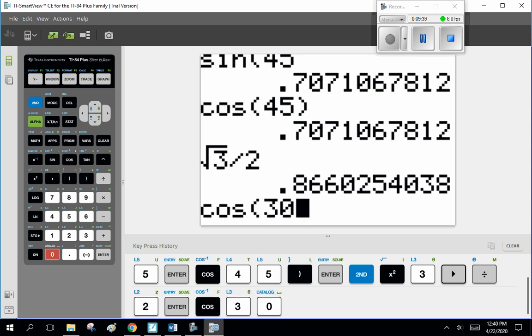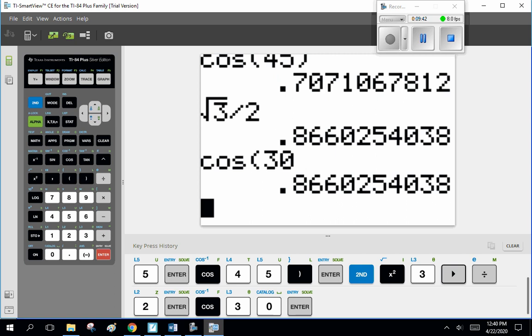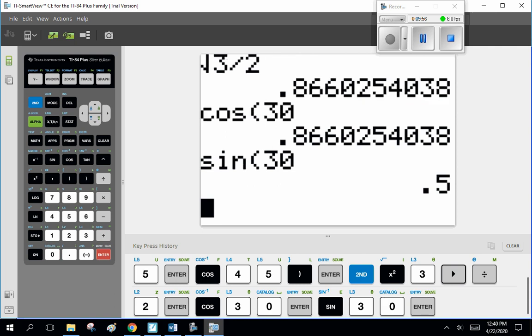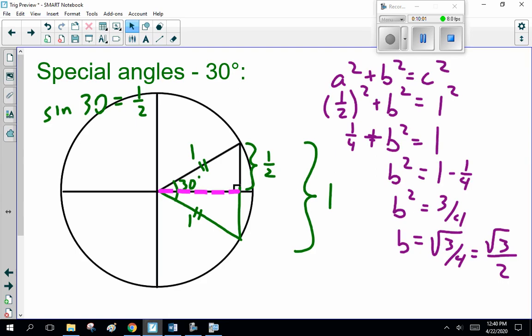Same as cos of 30 degrees, 0.866. Now the other angle we did was sine of 30, should be a half, as we said earlier. So Mr. Calculator will spit out these numbers, but you have to be able to turn them into these fractions. Okay?